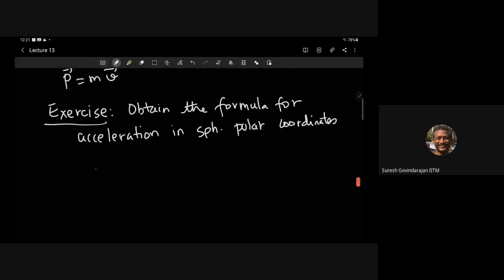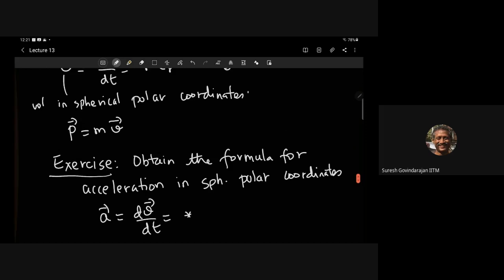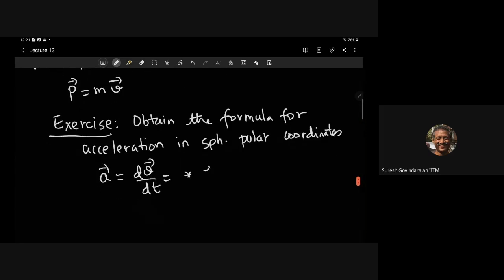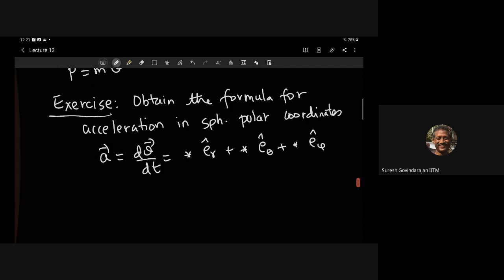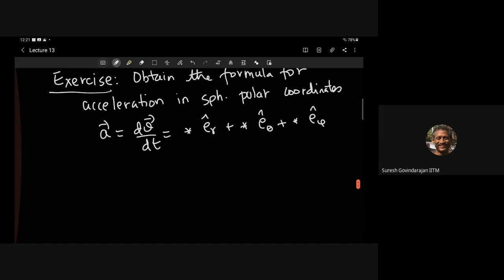What I have in mind is that a is dv by dt. This should be something times e_r cap plus something else times e_theta cap plus something else times e_phi cap. So you have to determine these. Maybe I'll put it in the problem set, or you do it yourself.